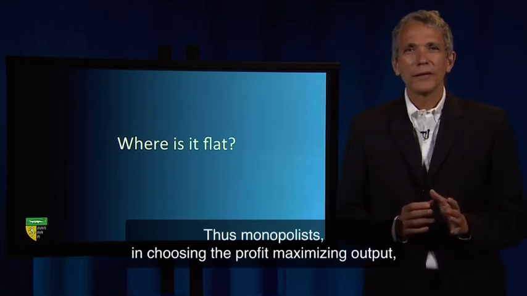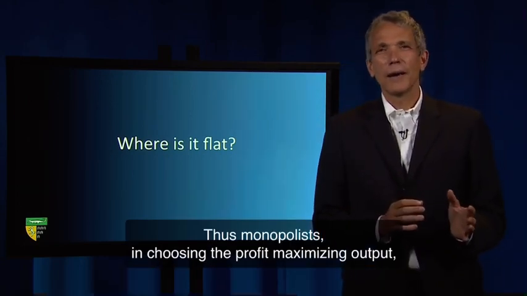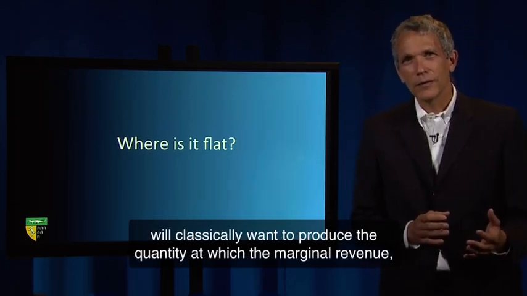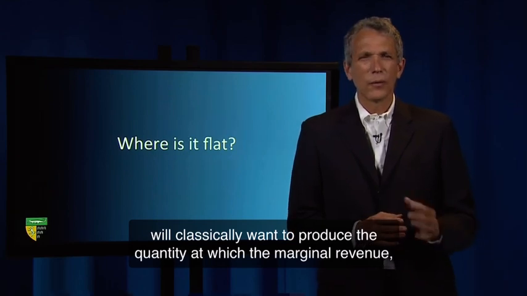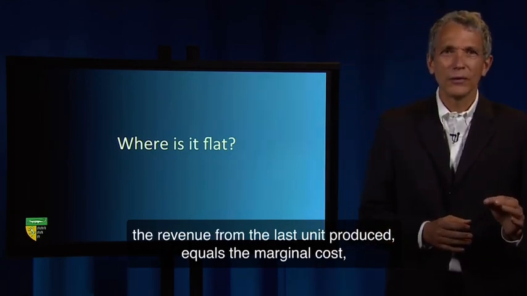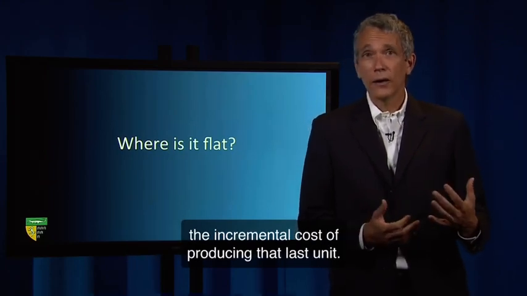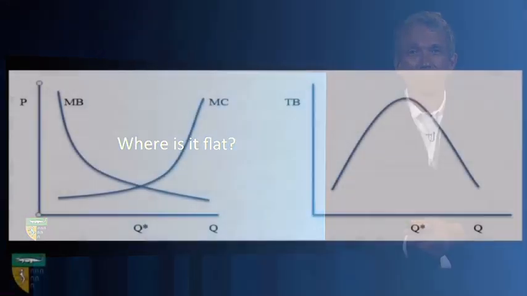Thus, monopolists in choosing the profit-maximizing output will classically want to produce the quantity at which the marginal revenue, the revenue from the last unit produced, equals the marginal cost, the incremental cost of producing that last unit.